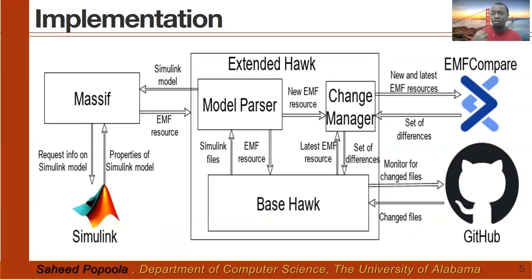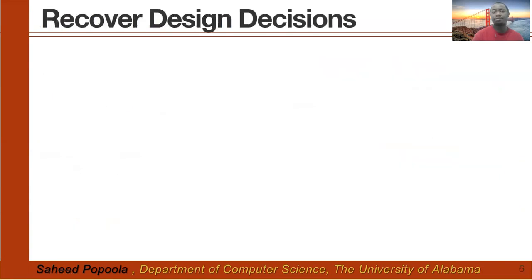I analyzed all the Simulink models in GitHub repositories, got the changes between successive versions, and then performed analysis on those changes. I also used another tool called Massive to help me convert the Simulink models into a format that is supported by Orc.